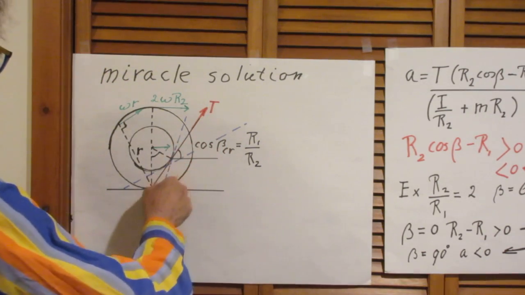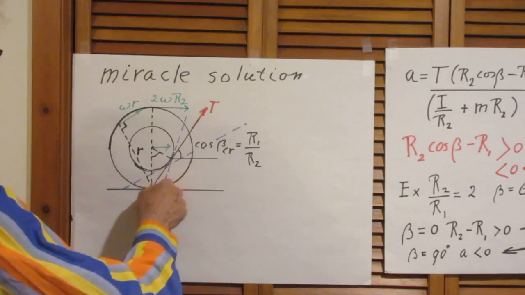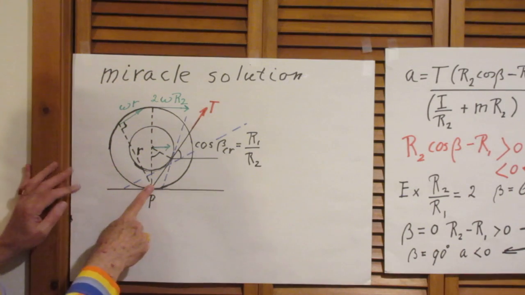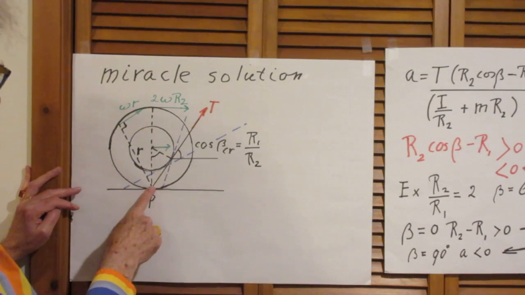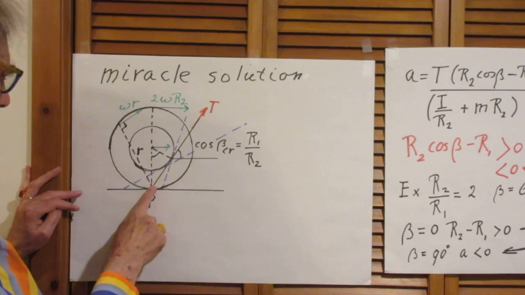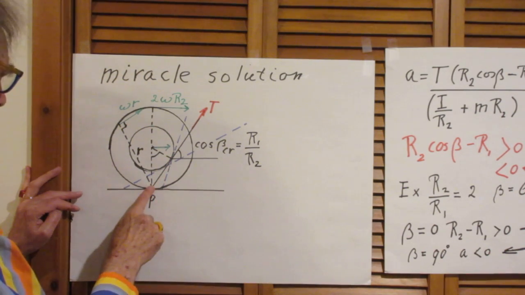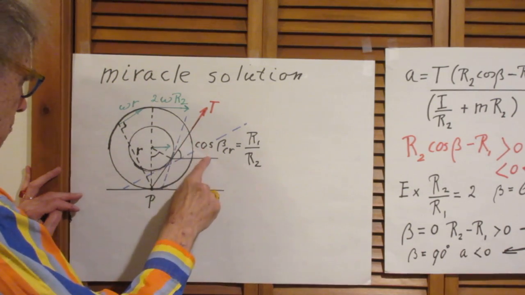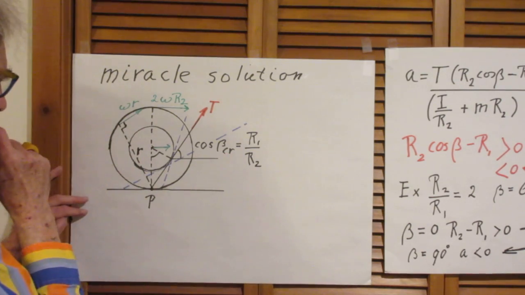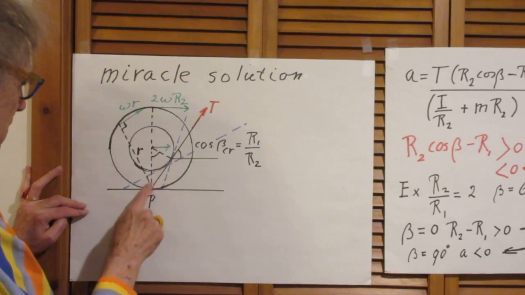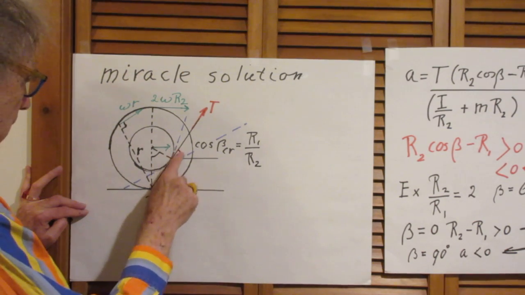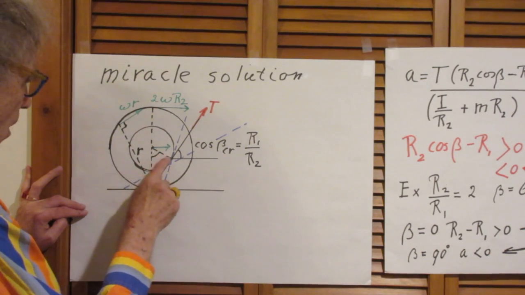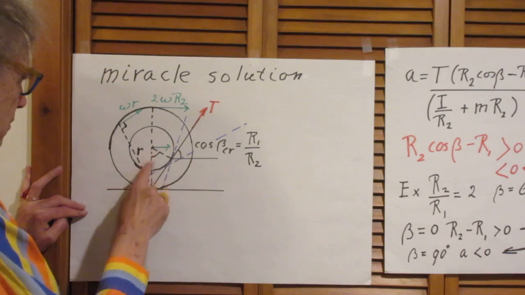I draw here a tension, the rope, so that the extension of the rope goes through point P. The rope starts here, but this is the extension of the rope, which goes through point P. This angle is then the critical angle, because in this triangle this angle beta is the same as this angle, and the cosine of this angle is R1 divided by R2.